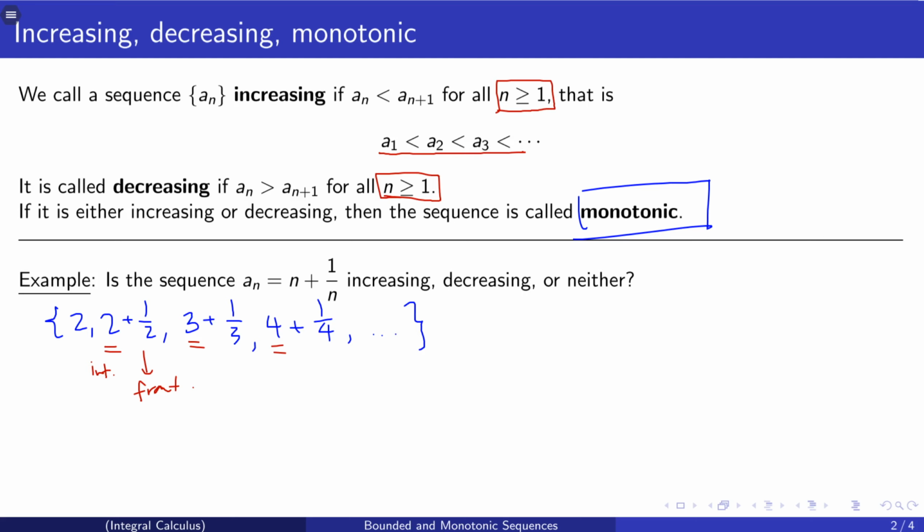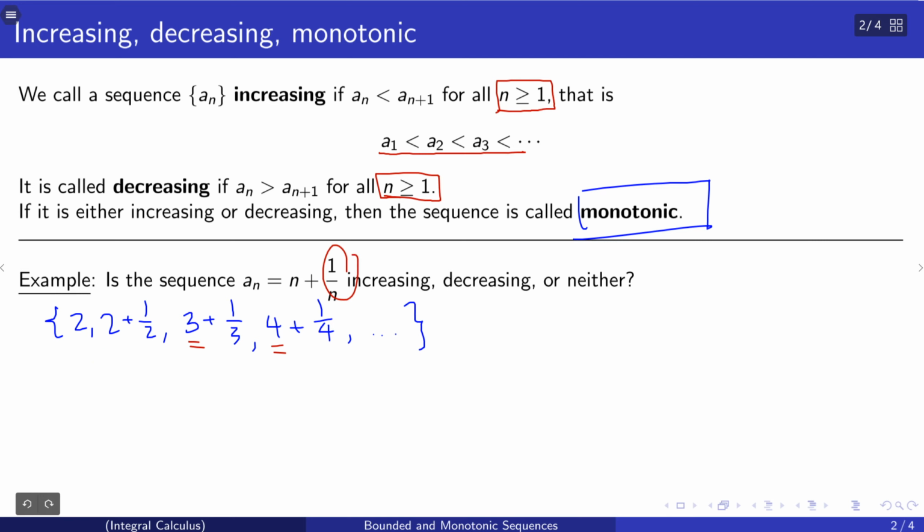So what this tells me is, from term to term, the integer part always goes up by 1. And so really it doesn't matter what that fractional part is, right? That you have a fractional part that's decreasing. Overall, the sequence is still increasing. There's 2 point something, 3 point something, 4 point something, and so on. So intuitively, you can determine it that way.